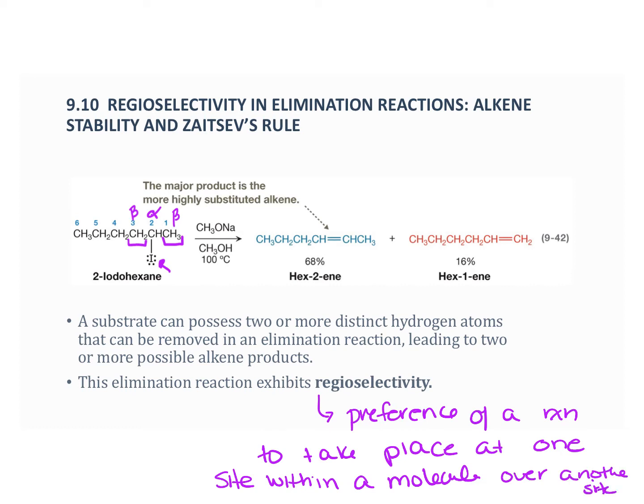So all regioselectivity means is there's some preference for which site is going to be involved in the chemical reaction.